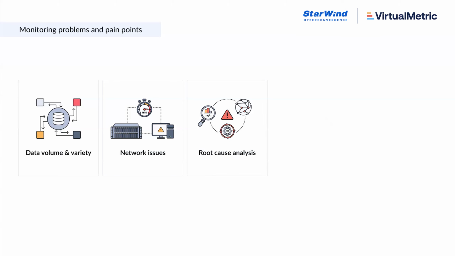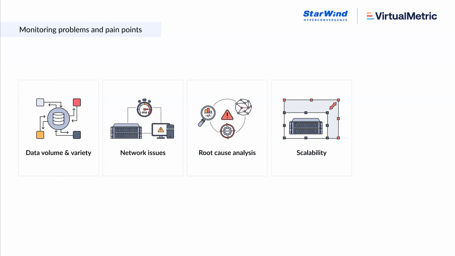Yeah, and the next one is the root cause analysis. So we already mentioned that having a massive amount of all sorts of data makes the analysis very challenging by itself. And also we can add here that mapping events and metrics across a large number of services makes it more difficult to identify the exact cause of an issue and to what components it's related.